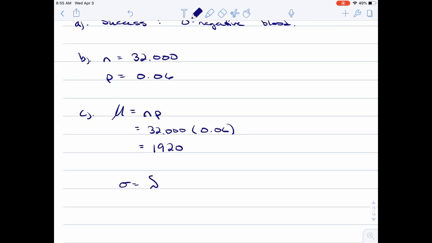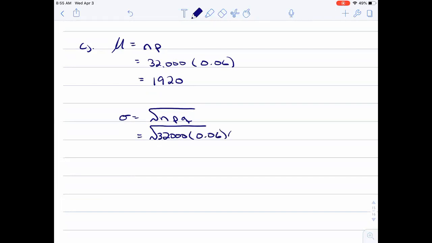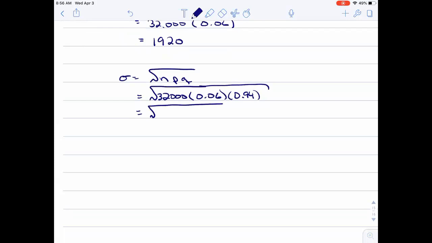And sigma is the square root of NPQ. Square root of 32,000 times 0.06 times 0.94. We're going to need the square root of 1,804.8.